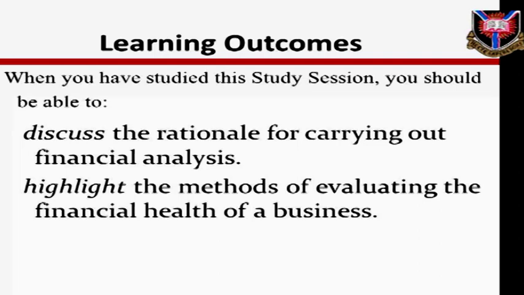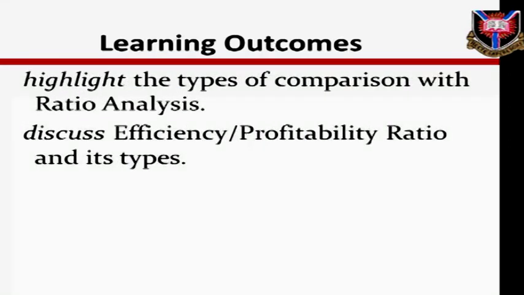Learning outcomes. When you have studied this session, you should be able to: 1. Discuss the rationale for carrying out financial analysis. 2. Explain the sources of information for financial statement analysis. 3. Highlight the methods of evaluating the financial health of a business. 4. Highlight the types of comparison with ratio analysis. 5.